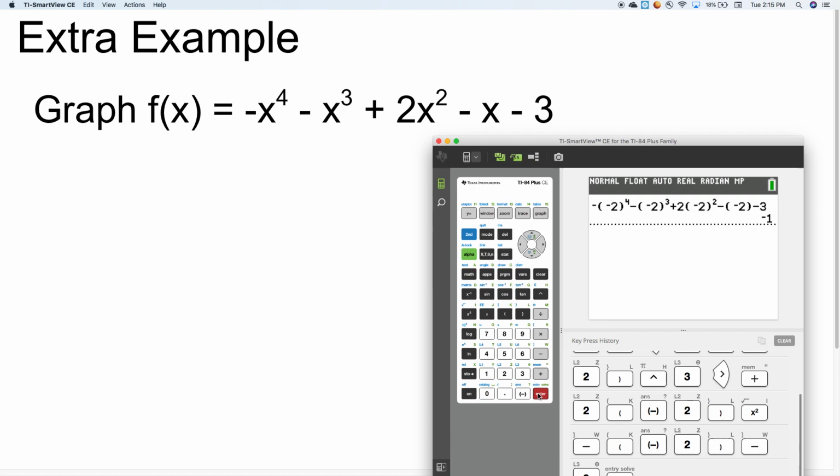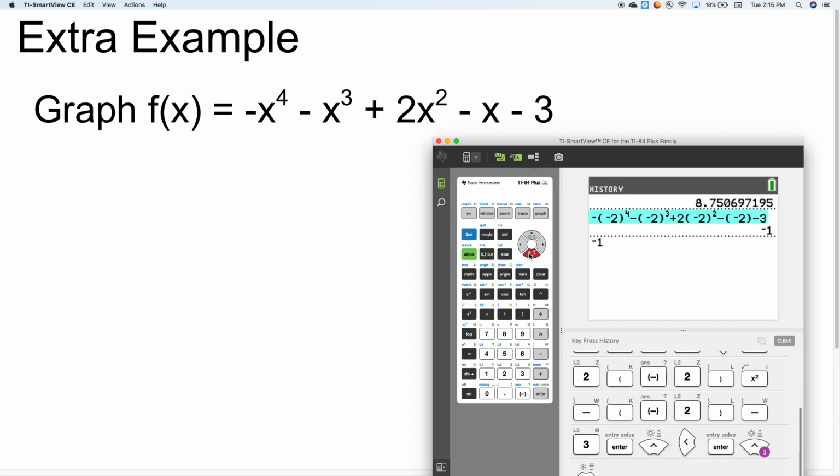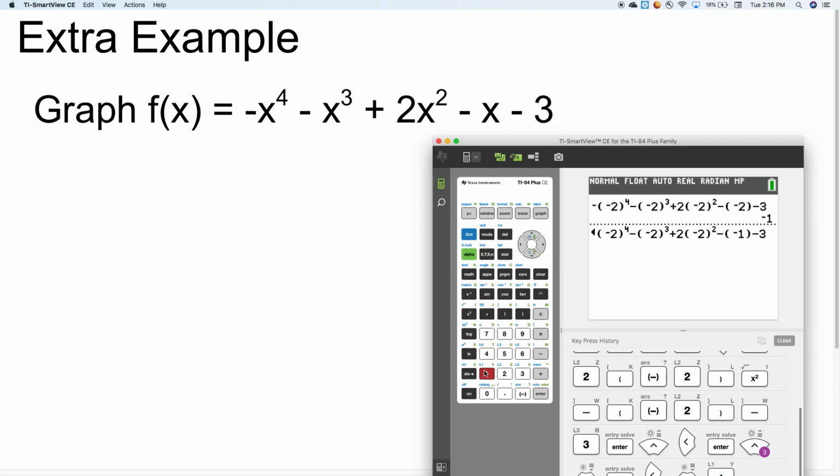Well, you have to type this in first, so you gotta type it in once. And then what I can do on this calculator is I just hit up. I think I can do enter. No. Up, up. Oh, I gotta do up twice. Okay, I could do up twice, and then I can go in and change all my 2s to 1s. So I can do -1.